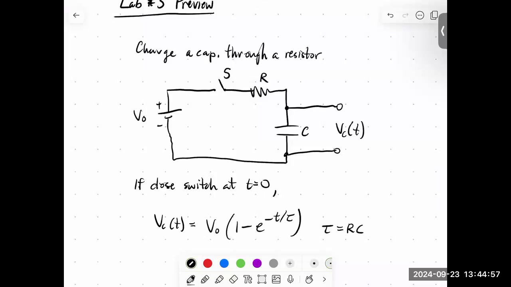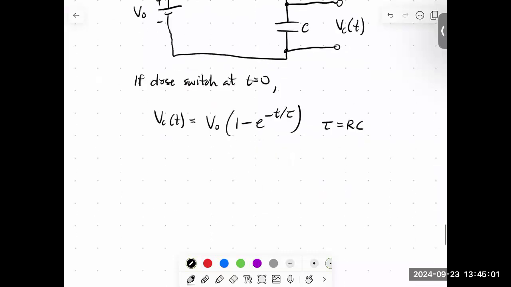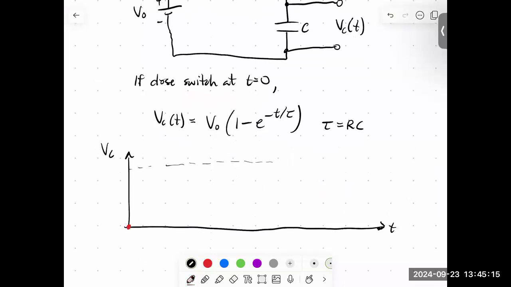And we could plot that. If this is time and this is your capacitor voltage, it's going to start at 0. After a long time, after maybe 3 or 4 or 5 time constants, it'll reach its final charge, which is V naught. The approach to that final charge looks something like this.